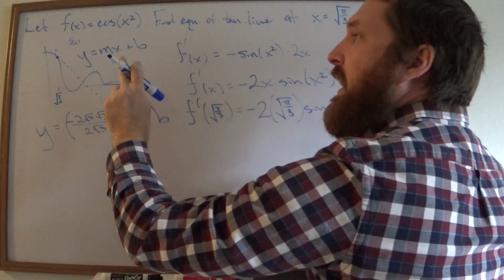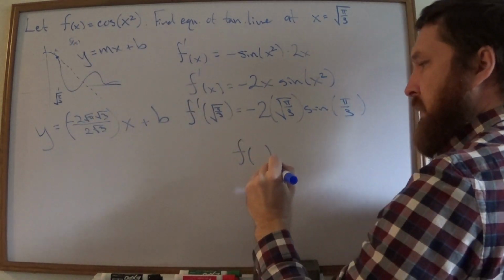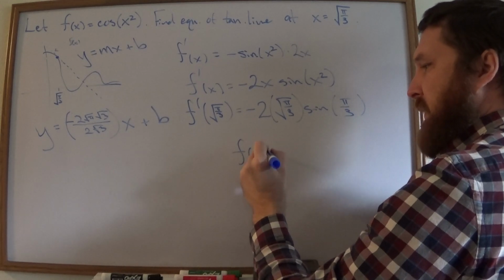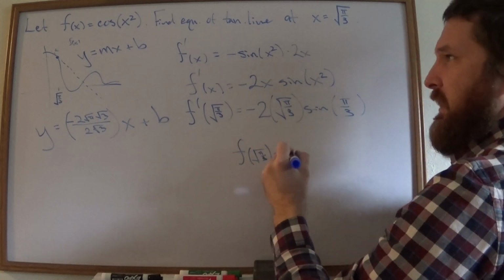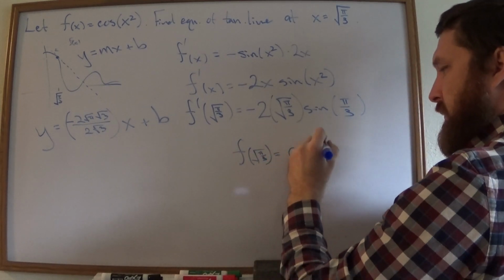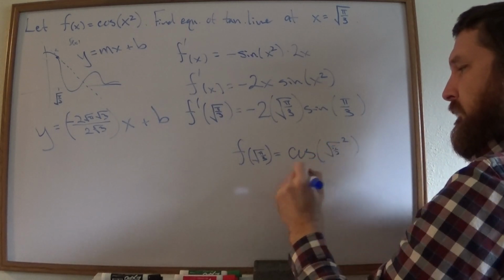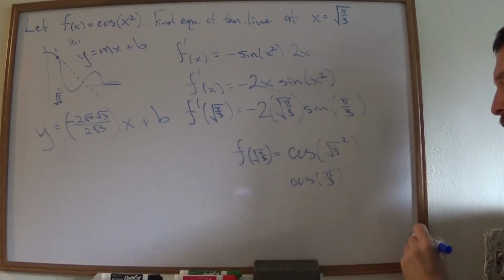And so when I plug in a what into this, I get out a what? Cos of pi over 3. When I plug in root pi over 3, I get out 1/2, cosine of root pi over 3 squared. So that's cosine pi over 3, which is what? 1/2.